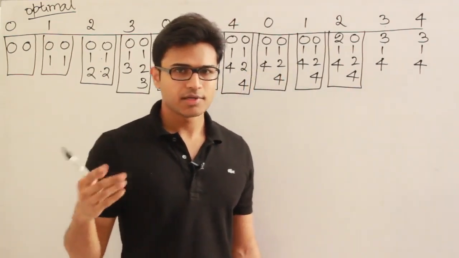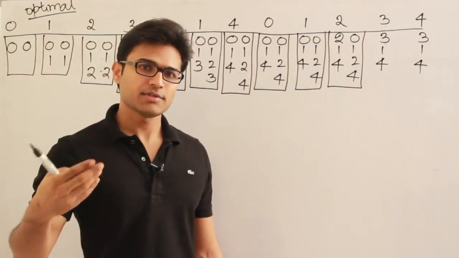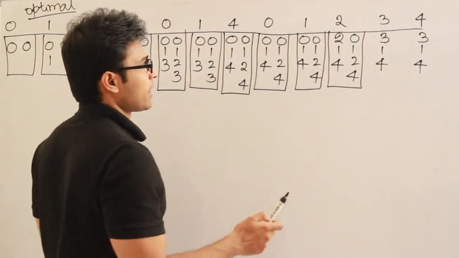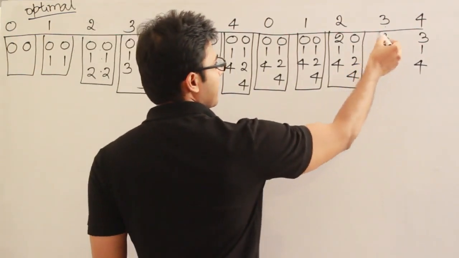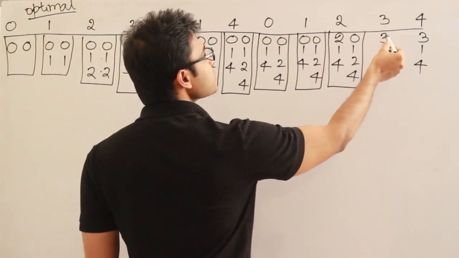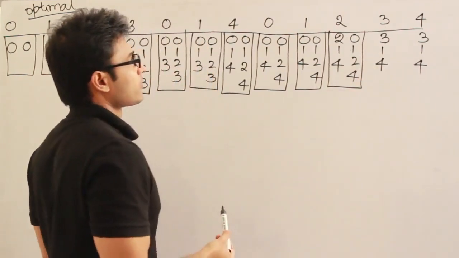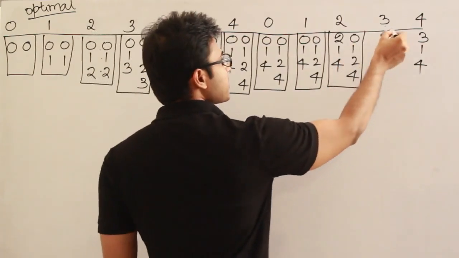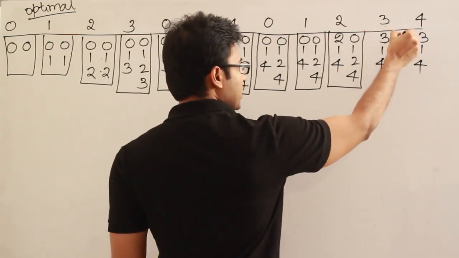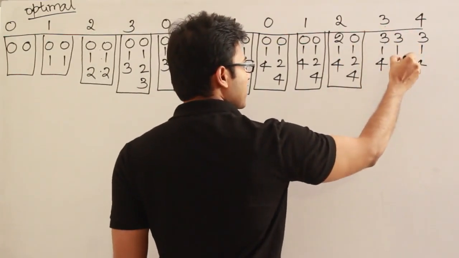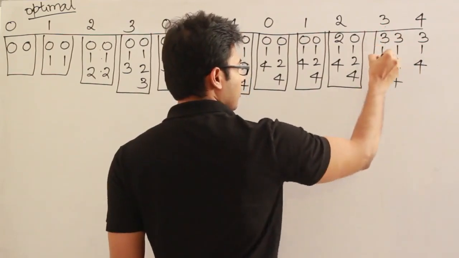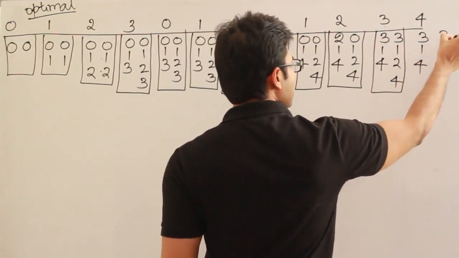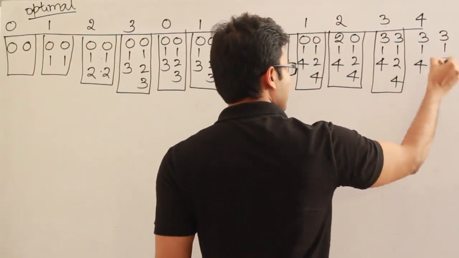Algorithm says that you can replace anyone, but in the implementation I am assuming that I'll always go for the first replacement, which means in this case I'm going to replace 0, so I'll get 3, 1, 2, 4. Got it? And next, when 4 is required, 4 is already there, so nothing changes, right?